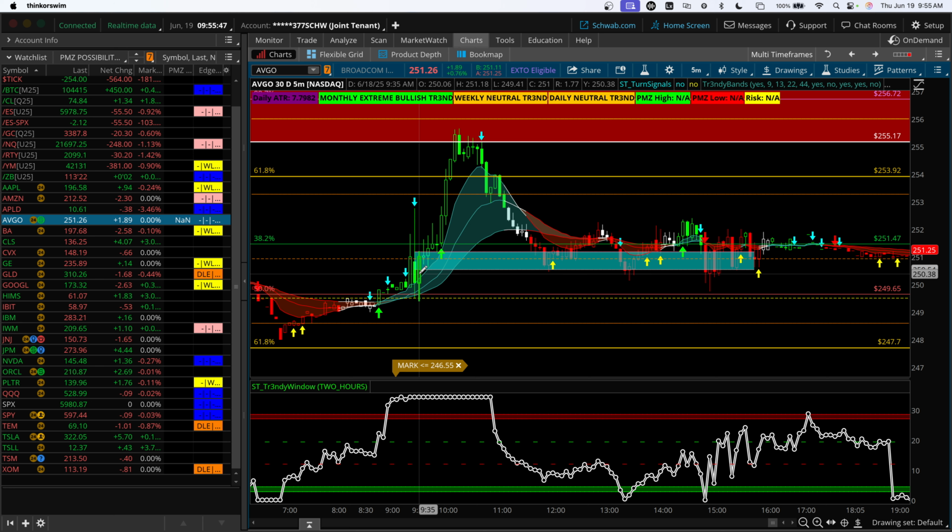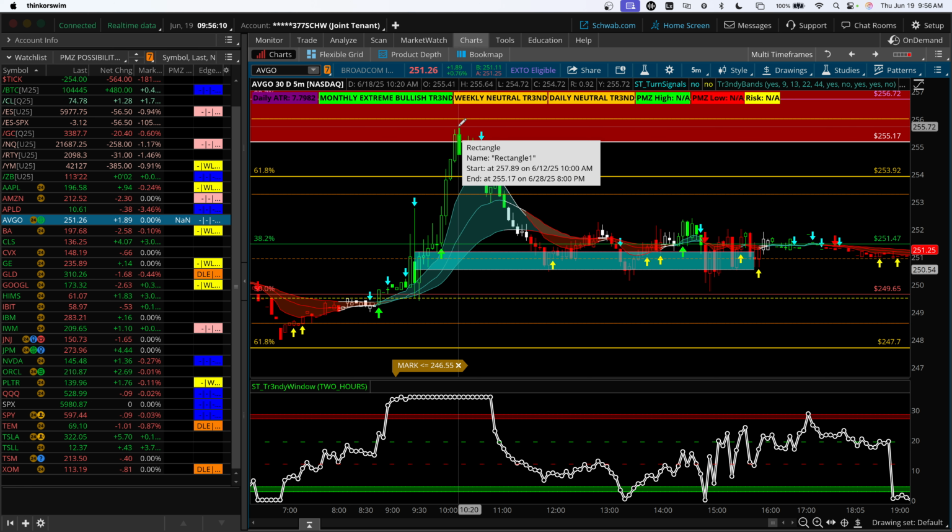The next trade using the PMZ for day trading would have been as price broke above the PMZ, right? Bias is going long, so I would have been buying calls there. I would have been trimming at the first trim target and then trimming again at my final target.